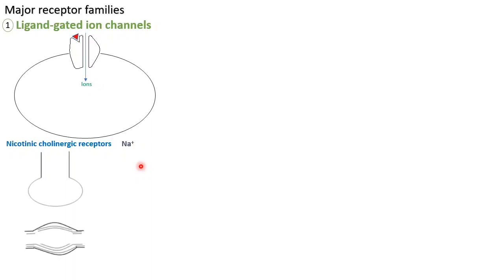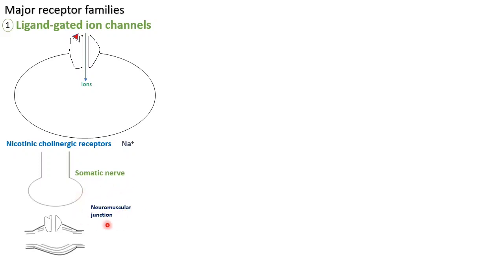Here we have a nerve that innervates skeletal muscle. This nerve is called a somatic nerve, and on the cell membrane of this skeletal muscle we find the nicotinic receptor.